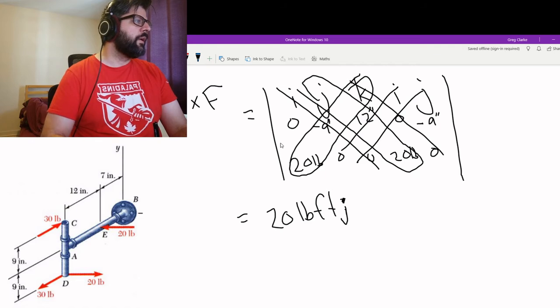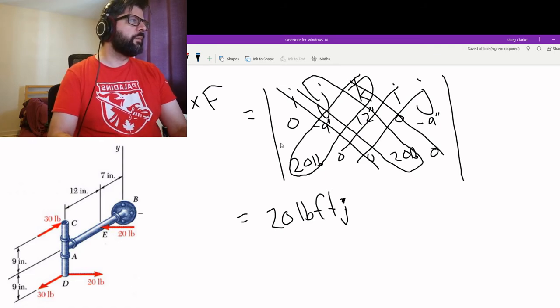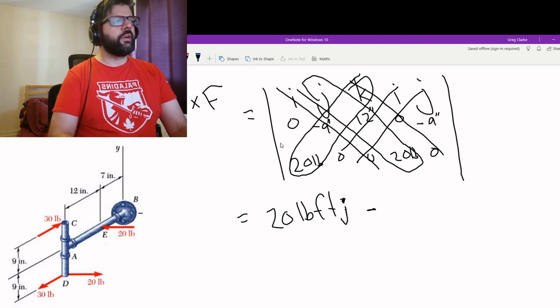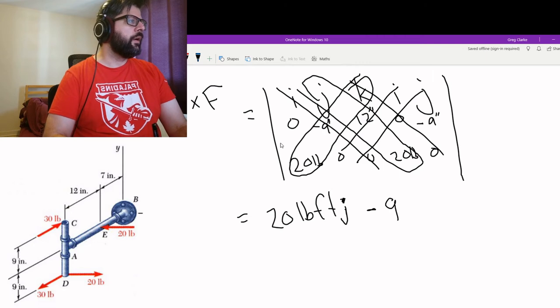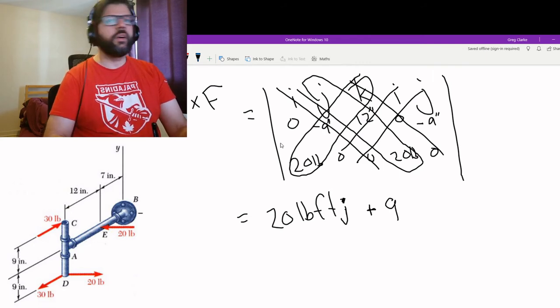And then this one's slanted back, so we start off with a minus, but then we've also got a negative term and a positive term here, so minus 9. So I'm just going to denote that by switching that back to positive.